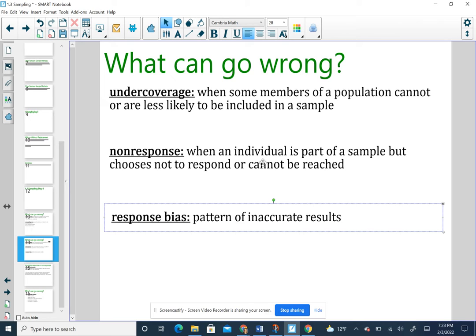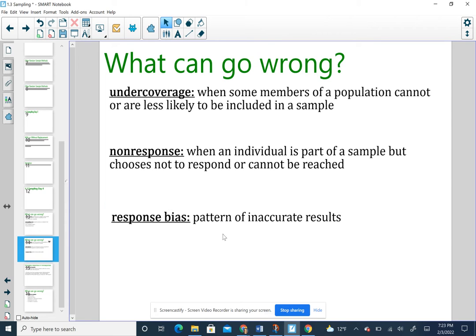Or maybe the question wording is very confusing and they can't quite grasp what it's asking and have to guess, and it's just not a very good question for measuring what we were trying to measure in our survey.